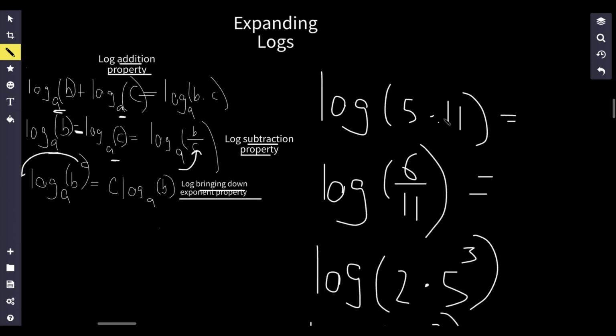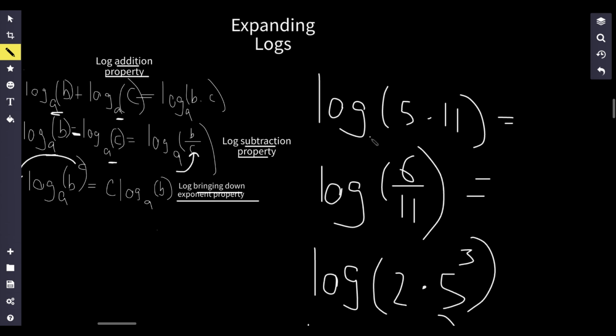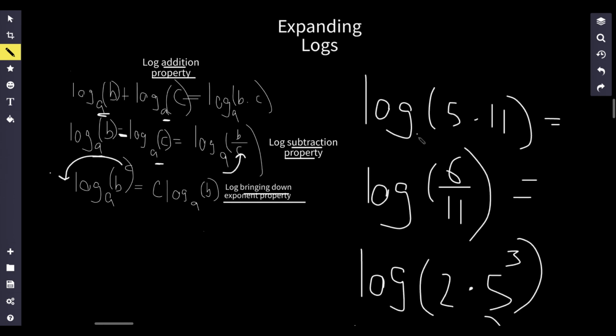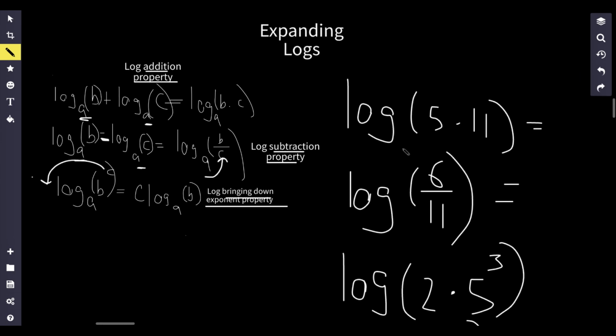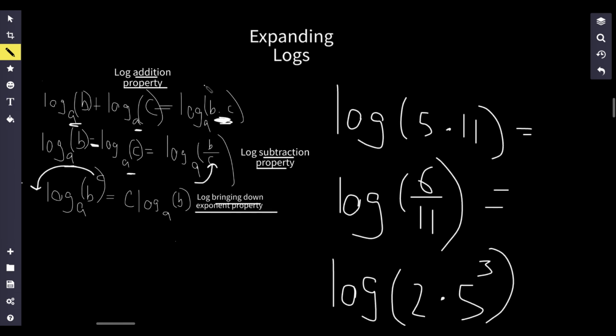So right over here we have log, and if there's no base written down, it's base 10. Whenever you just see a log symbol, that means it's in base 10. So this is the same thing as log base 10 of 5 times 11. Now using the first logarithm property, when you have two things multiplied together, log base a of b times c, you can expand it out into its individual components.